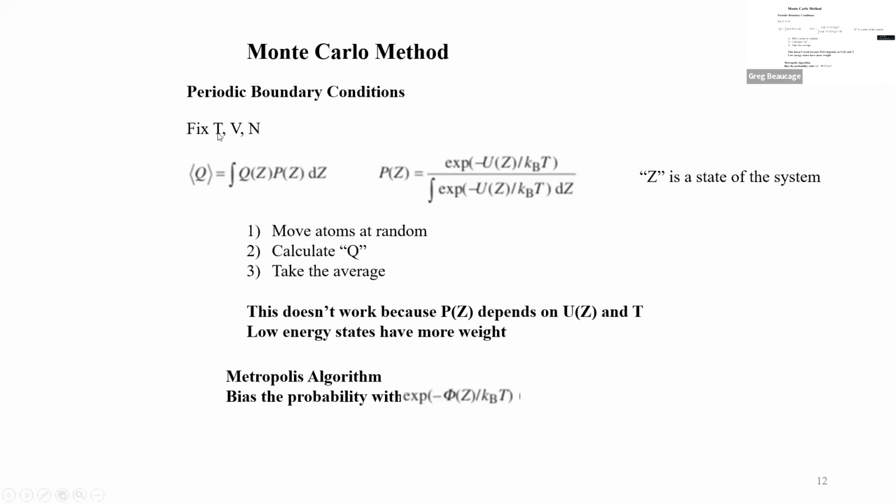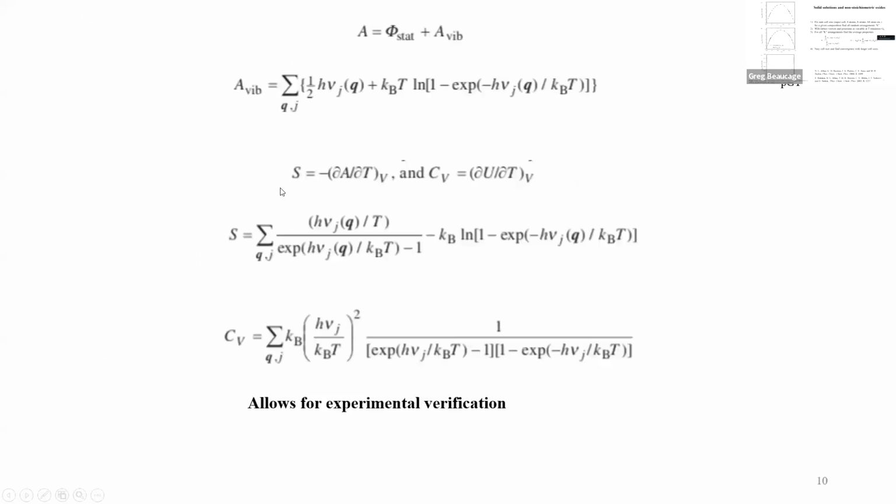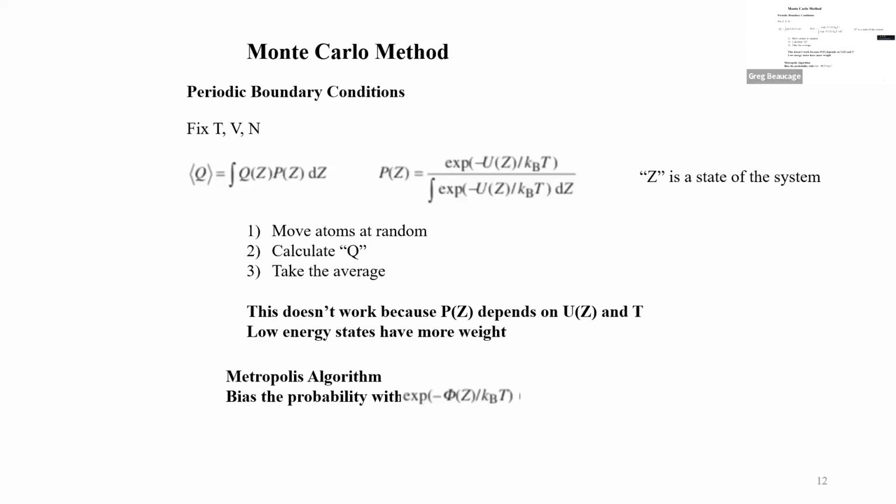So this is just how you apply Monte Carlo, using the same kind of approach as the heat capacity things we did. So Z isn't the partition function. Z's a state, a position of the state.